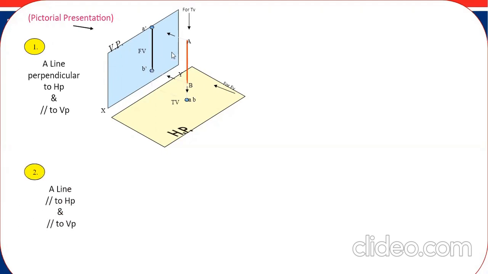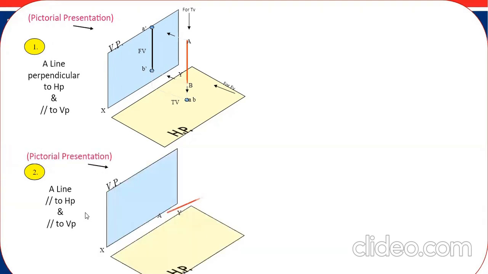Now, second case, a line parallel to HP and parallel to VP. Pictorial presentation. Now, this is the vertical plane and horizontal plane. This line is parallel to the HP and parallel to VP. We can say this line is parallel to the horizontal plane, also parallel to the vertical plane.